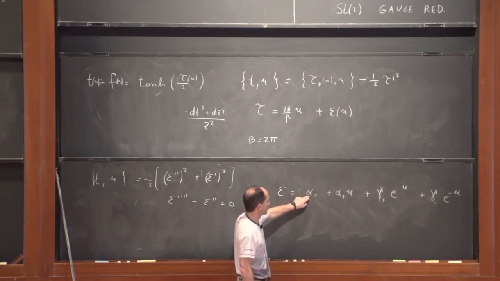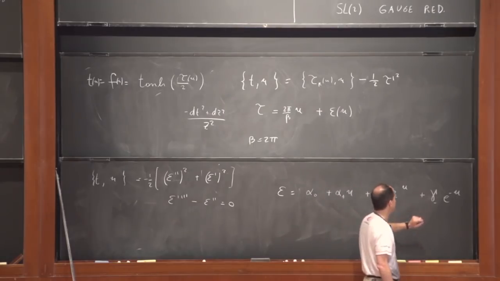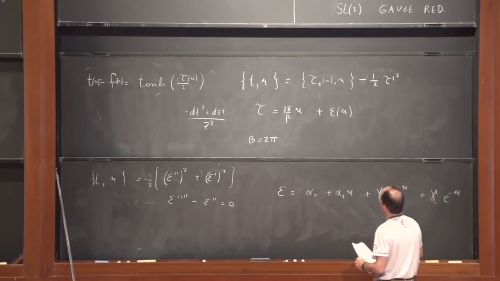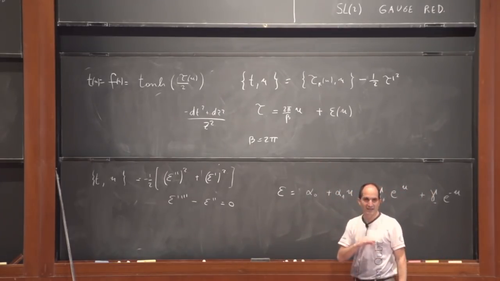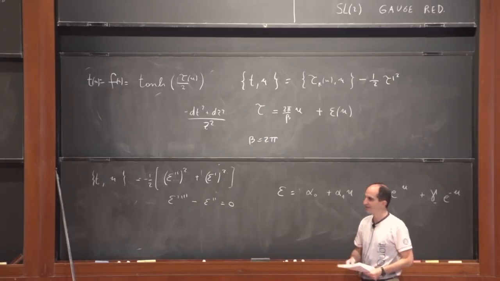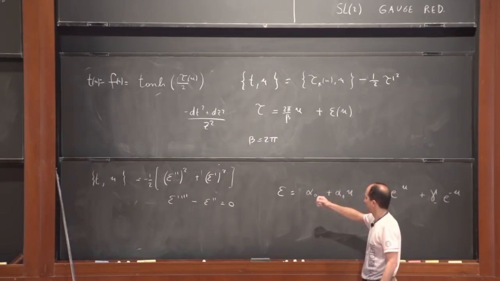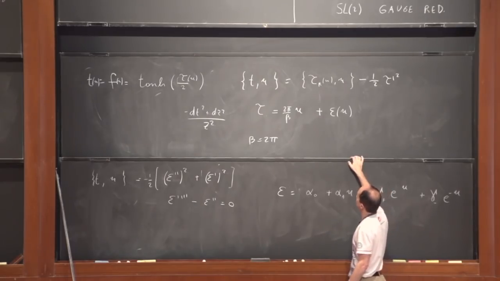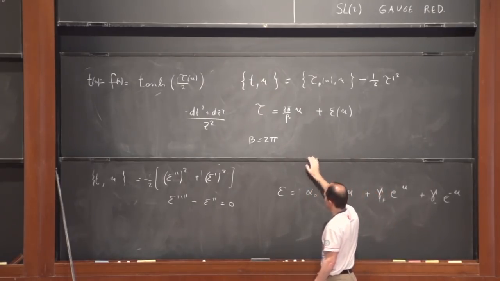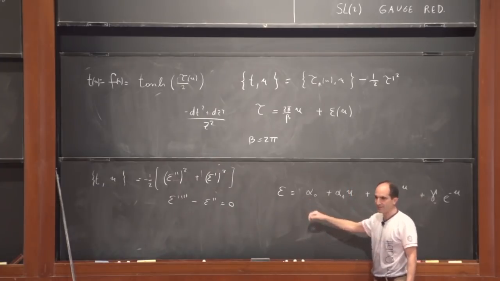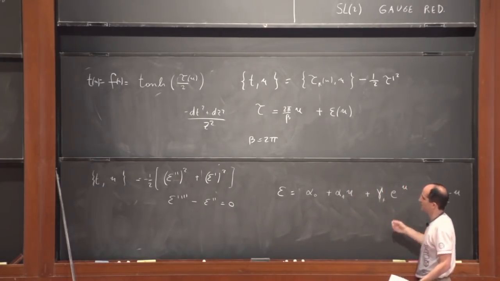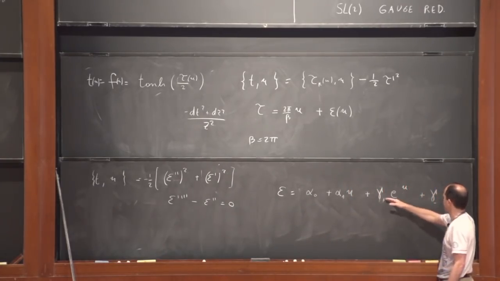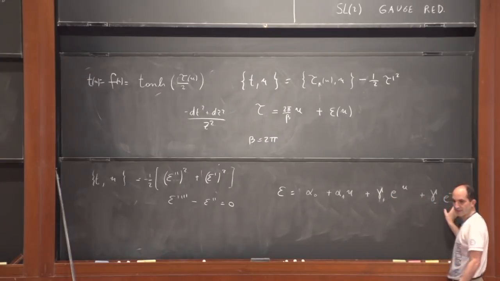Then there are these 3 constants that arise by thinking of the original solution and applying an SL2 transformation. So one of the SL2 transformations is to change tau to tau plus a constant. That will give us this. Another is to do the other non-trivial transformations, and they will produce these other 2 terms.